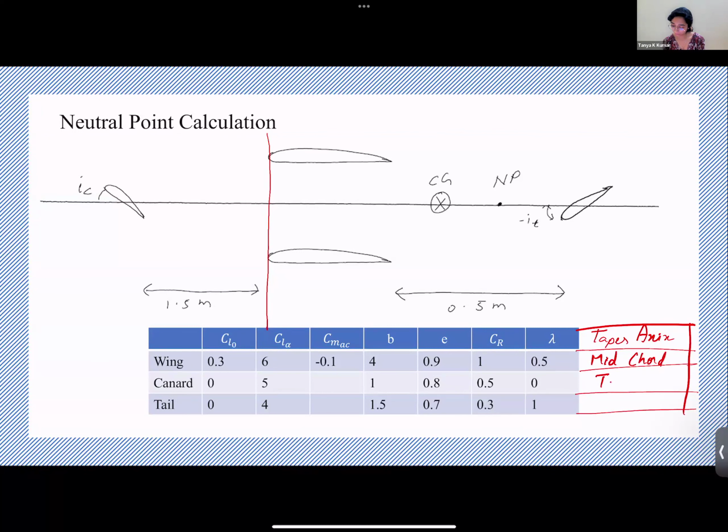This is trailing edge. And the last one. Now, given the taper ratio and the taper axis, what is the shape of the wing? The wing might be a little difficult to get. What is the shape of the canard, given the taper ratio and the taper axis?